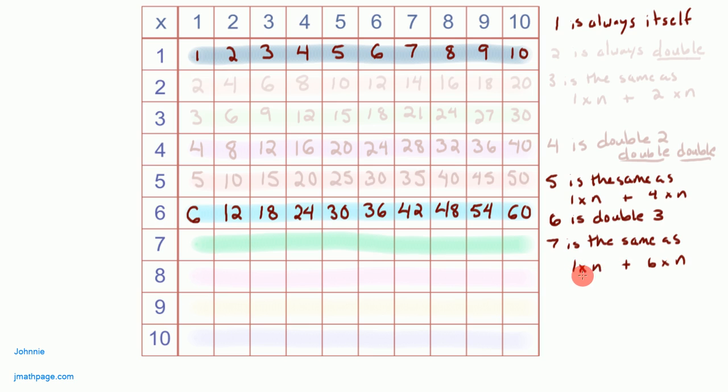It could be 3 times a number plus 4 times a number, however you want to break it down, but we'll do it this way today. Okay, now from this start, let's look at what we have. 7 times 1 is the same as 1 times 1 plus 6 times 1. That makes sense, right? So 1 plus 6 gives us 7.